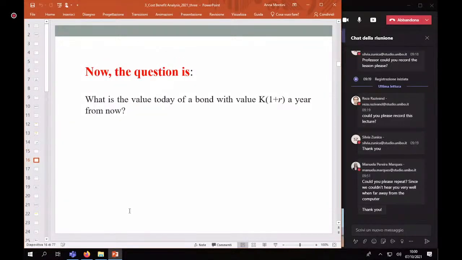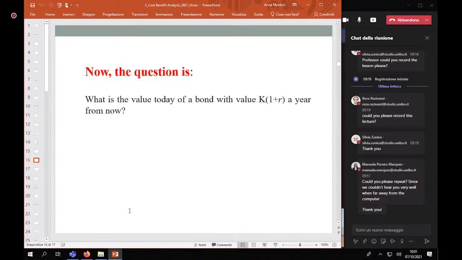Now the question is, what is the value today of a bond with value K times 1 plus R a year from now? We can consider now the opposite question. If I have a future value equal to K times 1 plus R a year from now, what is the present value?